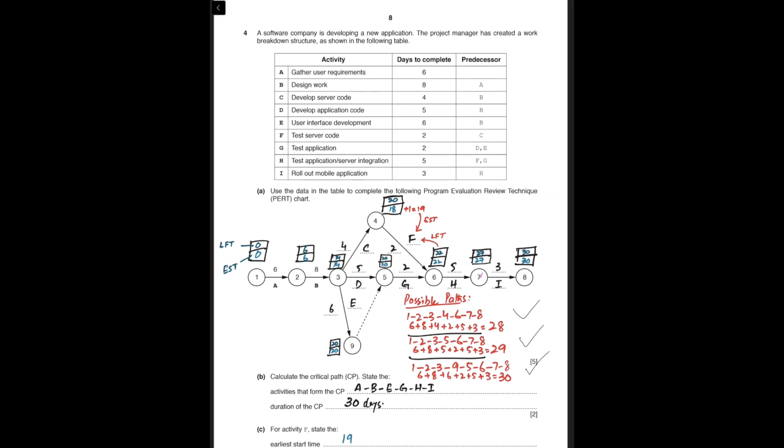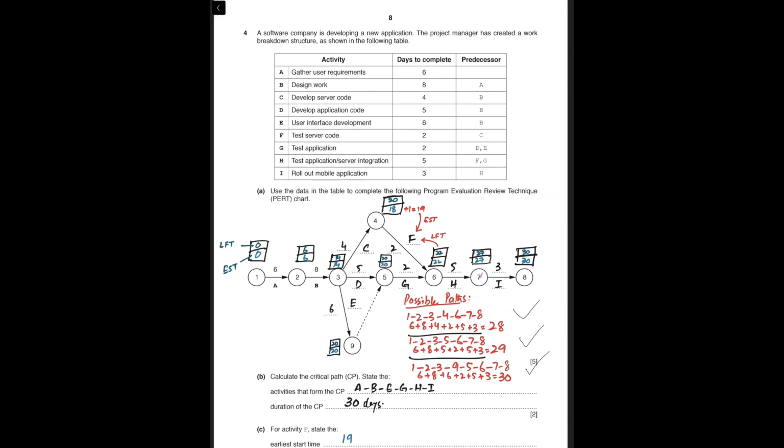I calculated all 3 possible paths, and I found out that the route with nodes 1, 2, 3, 9, 5, 6, 7 and 8 has a 30 days duration, which is the longest of all 3 possible paths.